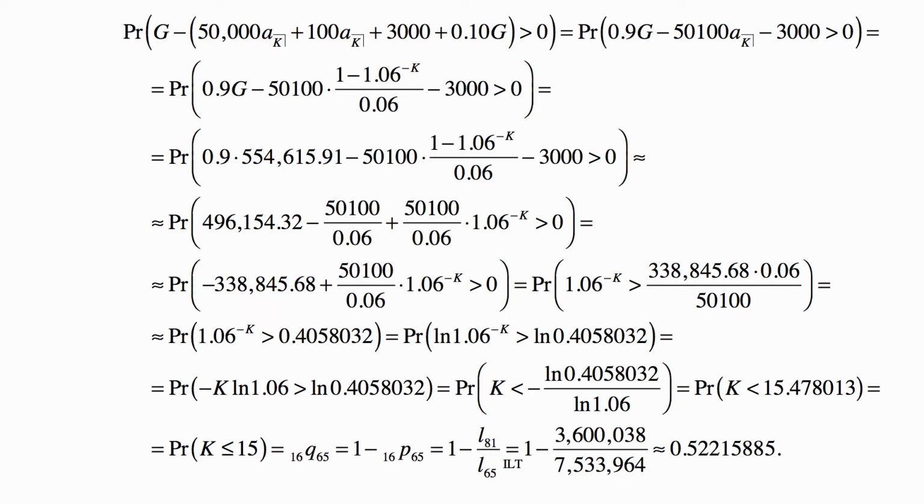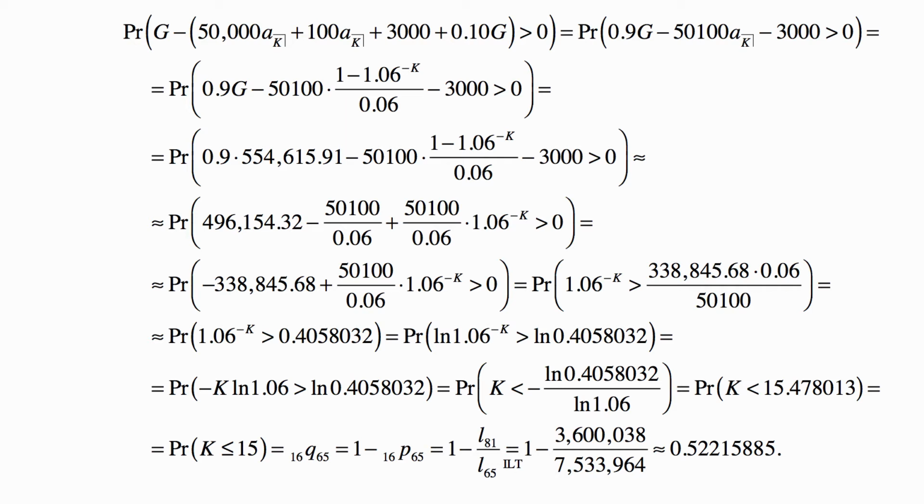The company gets the premium G, and it pays out the amounts that you see in the first line in parentheses, and those amounts are random. That's not a fixed amount like G. G is just a number, but these amounts are random because they depend on how long the insured will live.